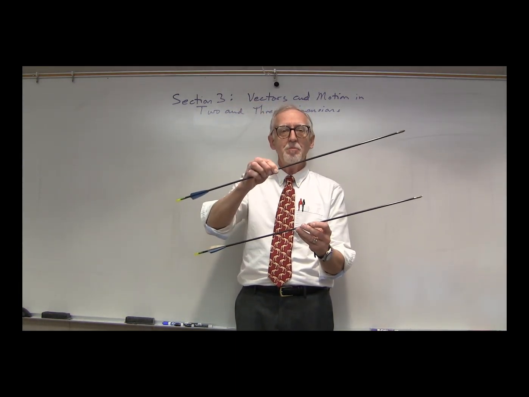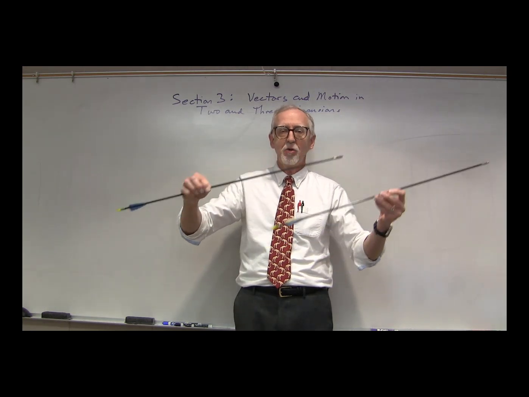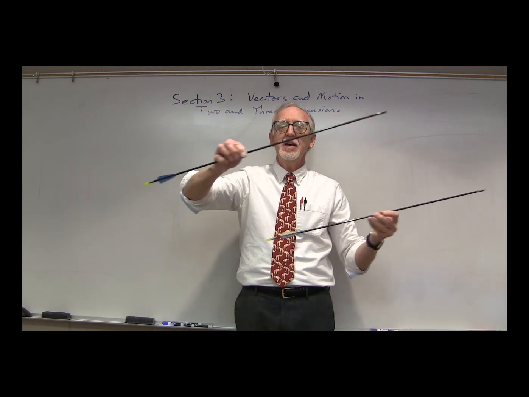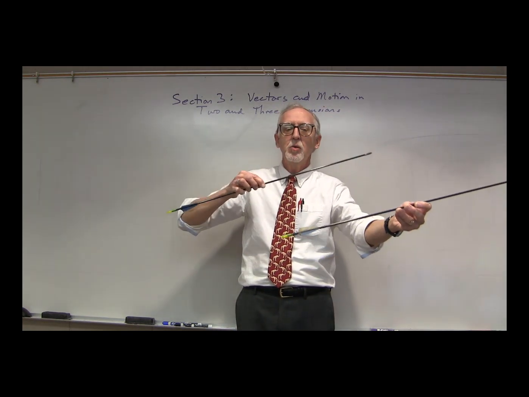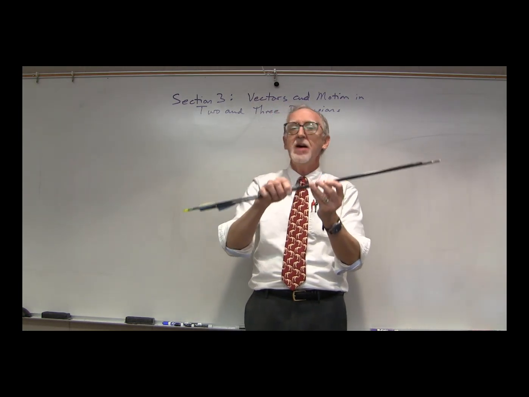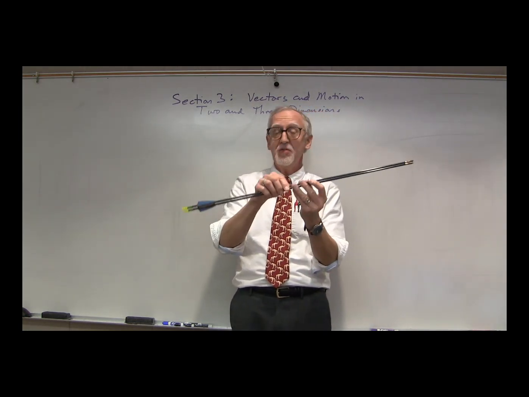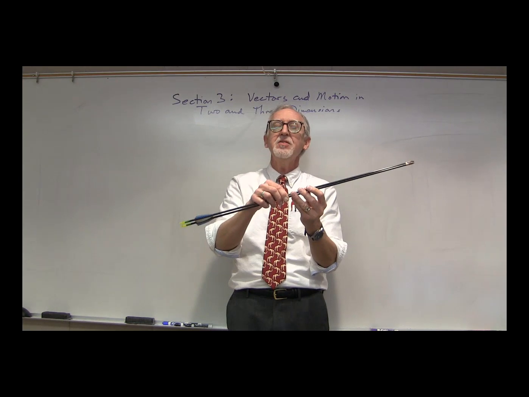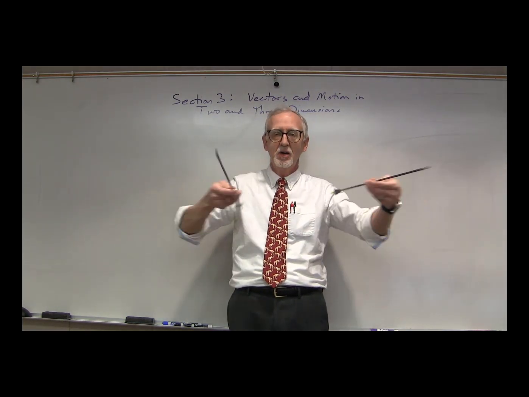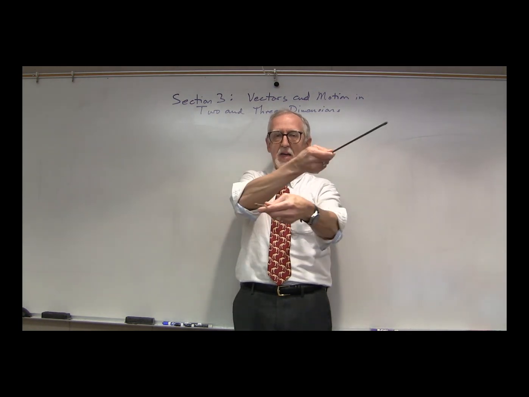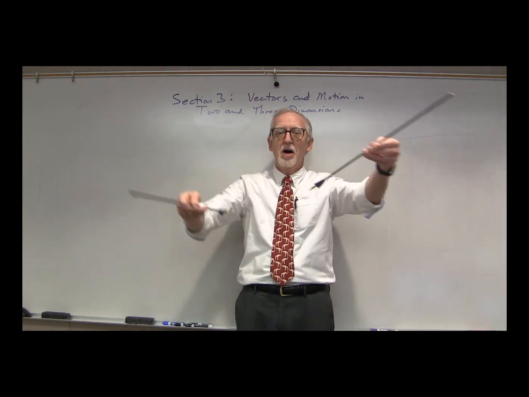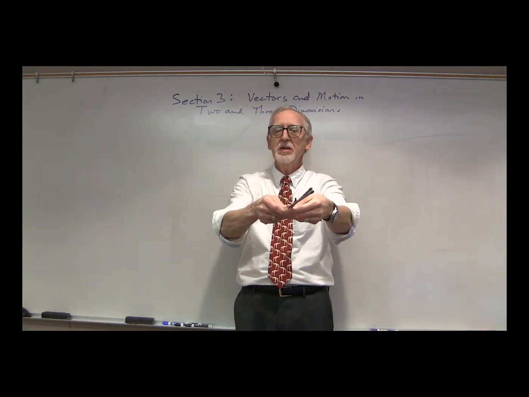As long as they are pointing in the same direction, in other words, as long as they are parallel, it doesn't matter where they are, we will say that they are equal. Vectors are equal if they have the same magnitude and the same direction. So it doesn't matter where they are, they are equal vectors as long as they're pointing in the same direction.